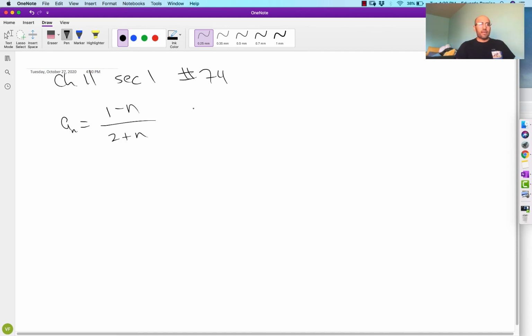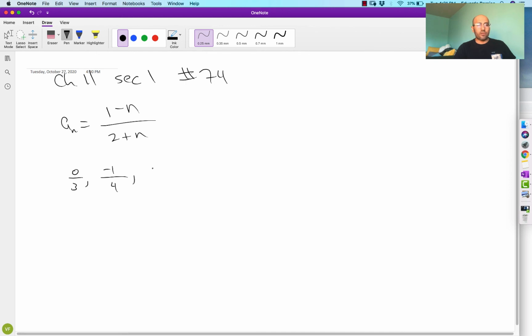So how does this compare? Sometimes you might want to just try a few values to see how the sequence begins to progress. If n equals 1, we get 0 over 3, or just 0. If n equals 2, we get negative 1 over 4.